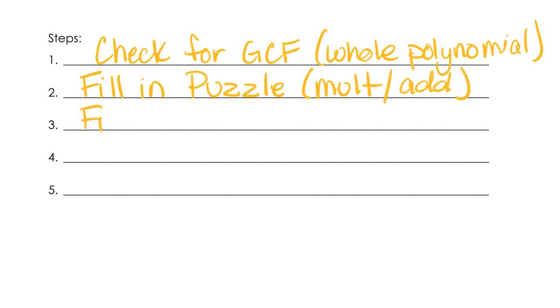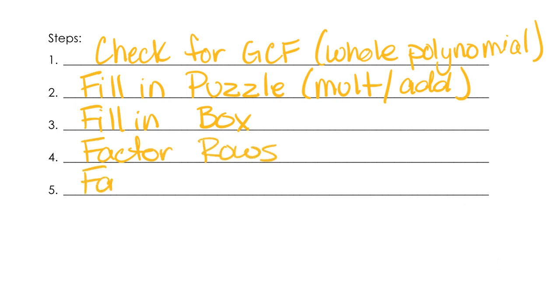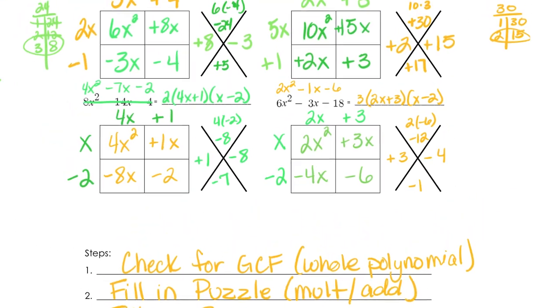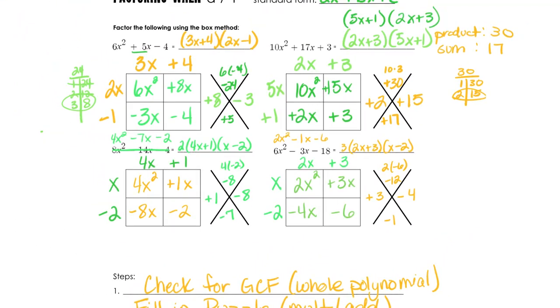Then fill in the box, factor the rows, and then factor your columns. We'll be doing this more and more. This is one of those things, the more you practice, the better it gets.